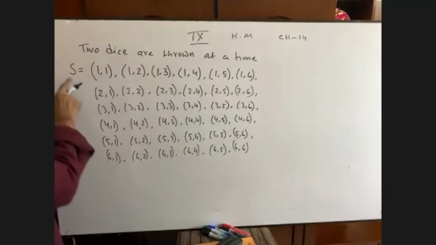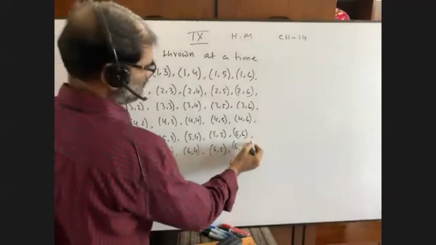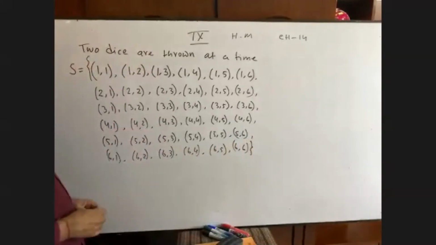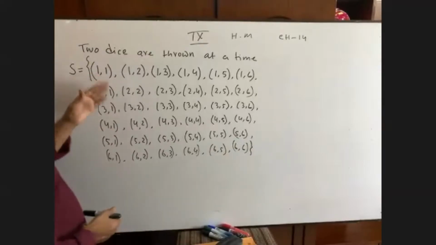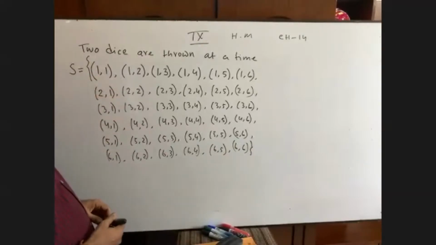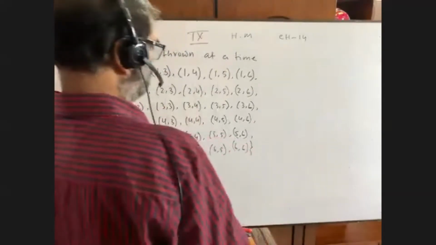S for sample space, in a second bracket from top to bottom. Here, how many points are there? Can you please let me know? For throwing two dice at the same time, how many points are we getting? We are getting a total of 36 points.